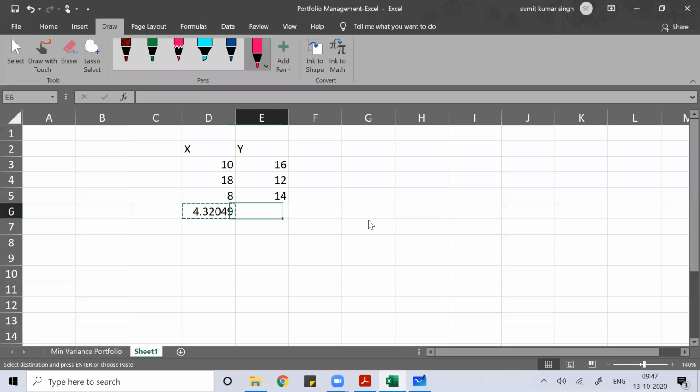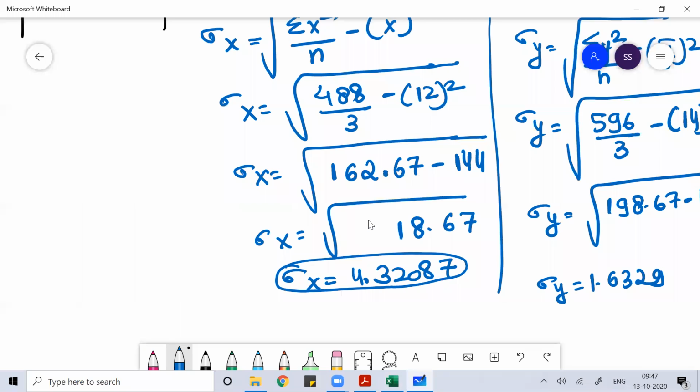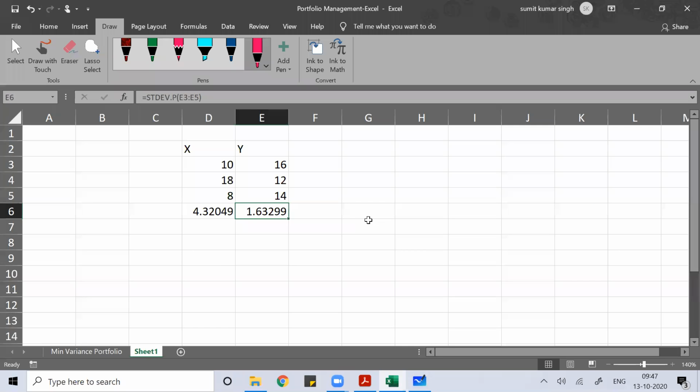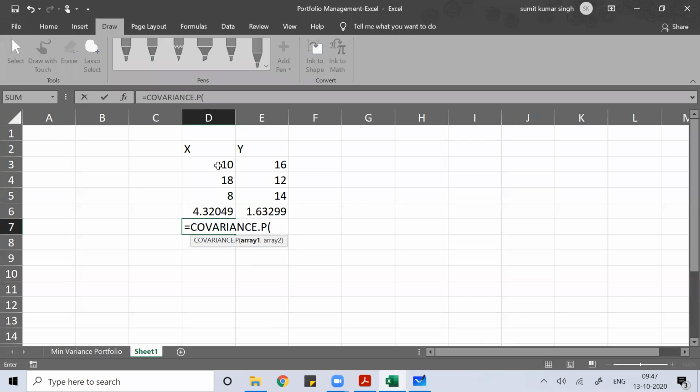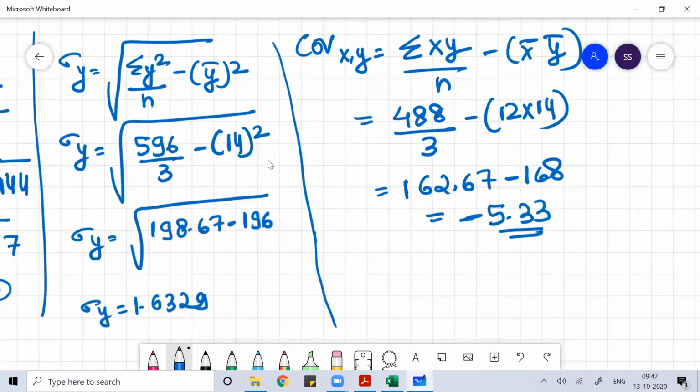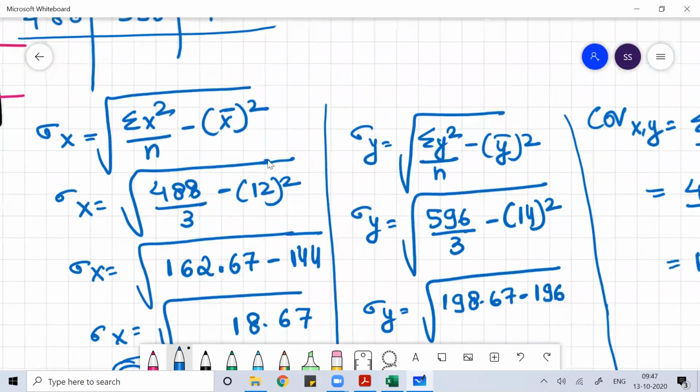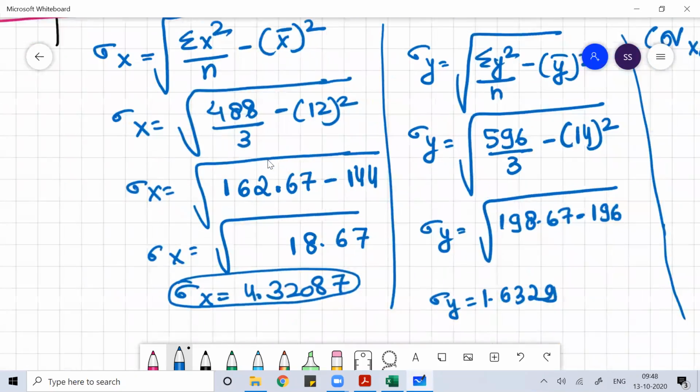Now, if I find the standard deviation of y, that is 1.6329, correct only. Now, covariance between them, that is minus 5.33. So you got minus 5.33. So every data is correct. Nothing to worry. Every data is correct.